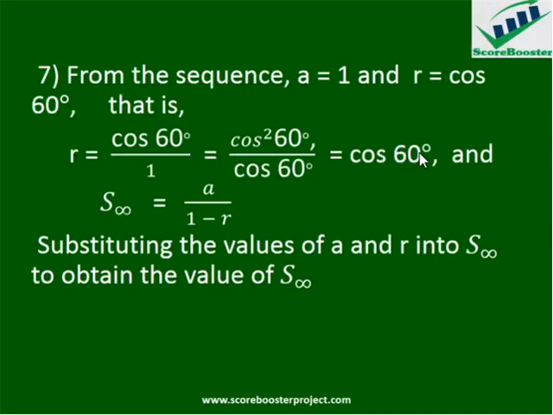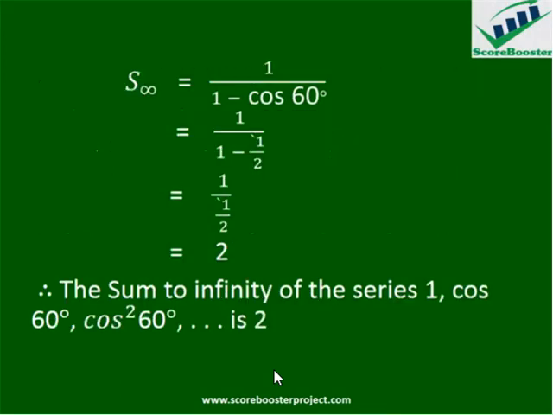So we substitute the value of the first term and common ratio into the formula of the sum to infinity. So we have s infinity equals 1 divided by 1 minus cos 60 degree. So if you are very conversant with the trig table, that is the trigonometric table, you know the value of cos 60 degree is 1/2.